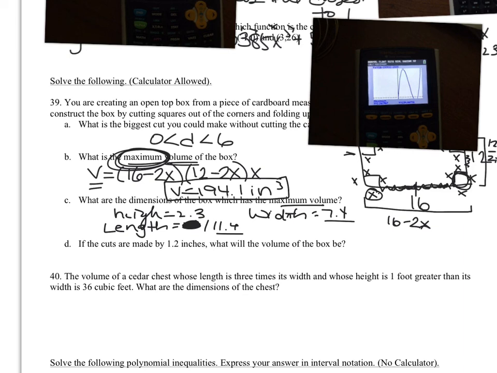I'm going to take my volume formula, 16 minus 2 times 1.2, and 12 minus 2 times 1.2, and 1.2, and type all of that in my calculator. 16 minus 2 times 1.2, 12 minus 2 times 1.2, times 1.2. And you get 156.7 inches cubed.